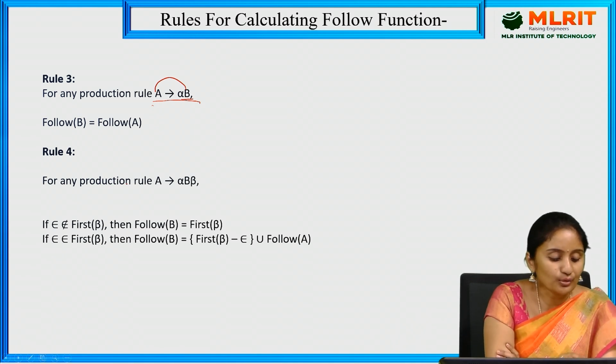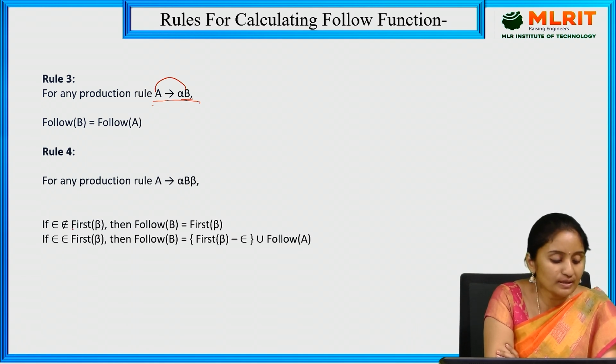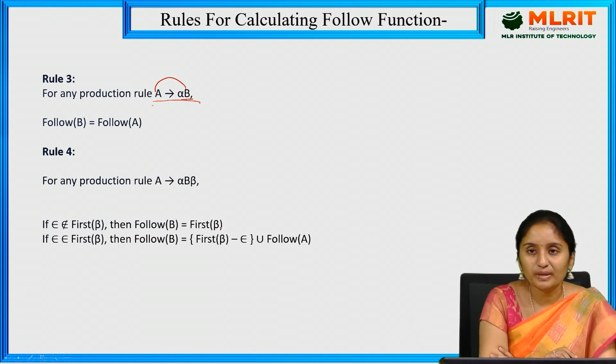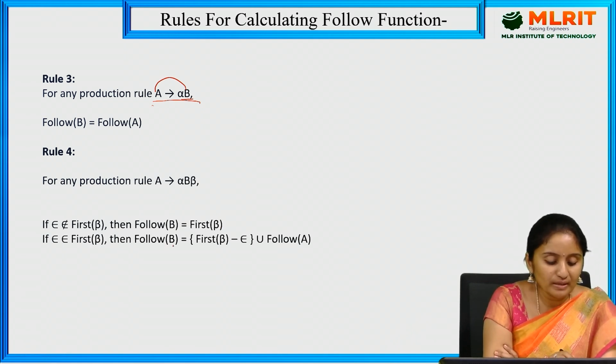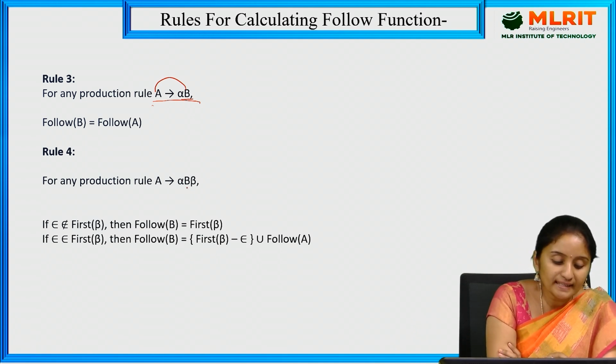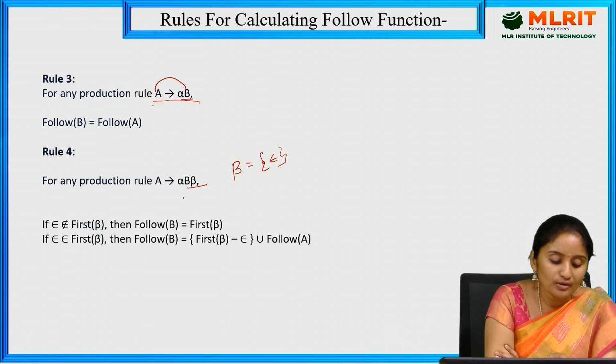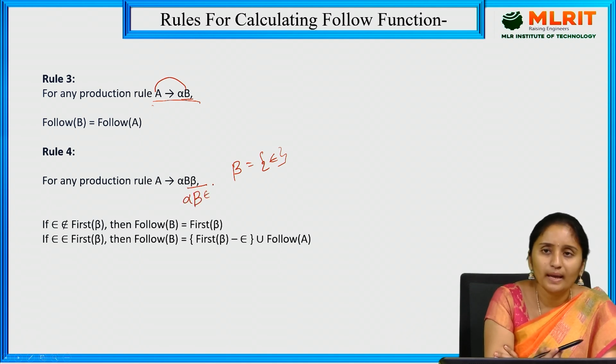Next, the fourth rule. For any production rule A tends to alpha B beta, if epsilon does not belong to first of beta, then follow of B is equal to first of beta. If epsilon belongs to first of beta, then follow of B is equal to follow of A. Suppose beta is pointing to epsilon, which is empty, nothing is there.